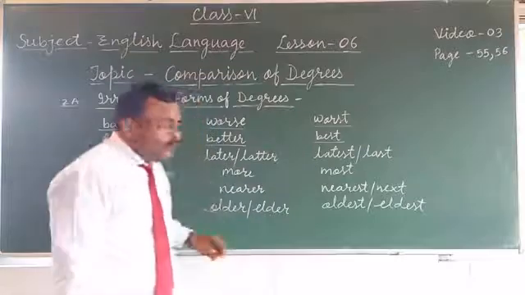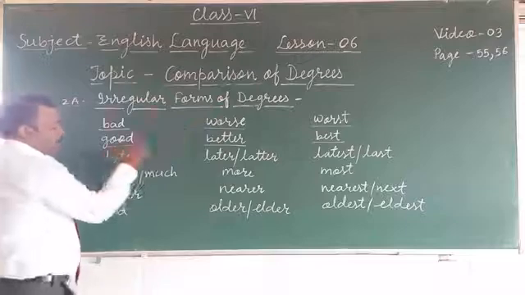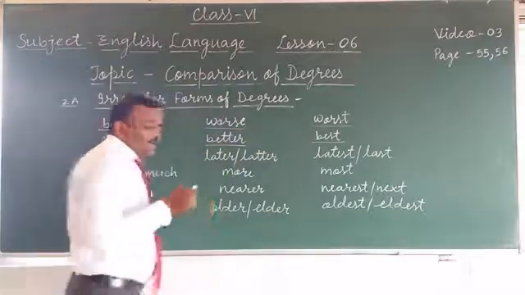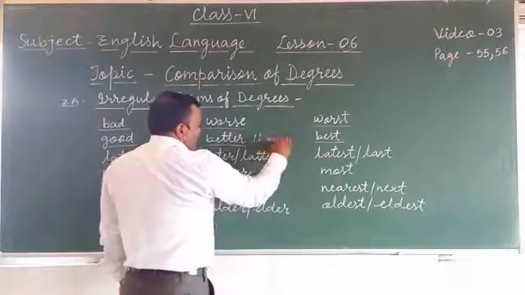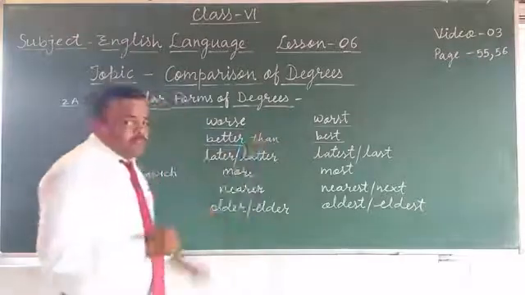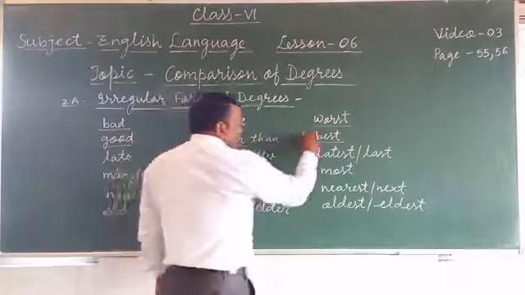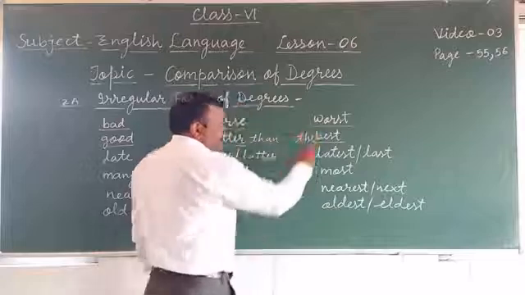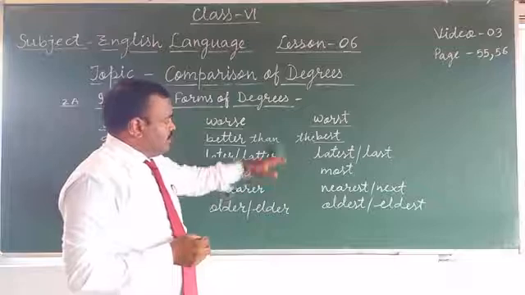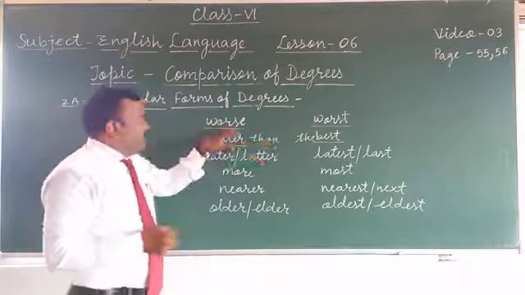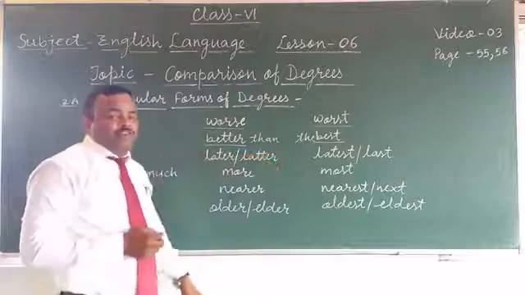Okay, so we use different forms: good, better, best. And I taught you we use than after comparative degree and the before superlative degree. Okay, the best, the worst, and better than, worse than, latter than, in this way.